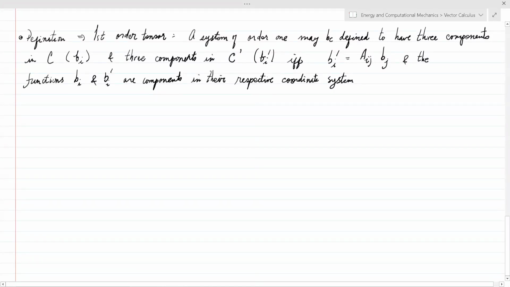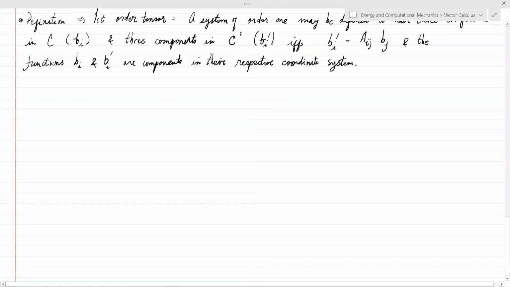Okay, and so this will allow us to define what a tensor is for the first order tensor.